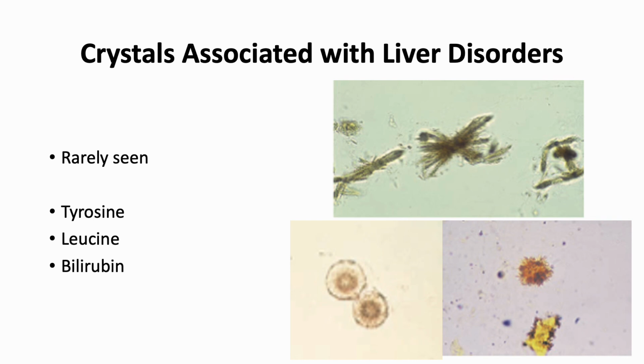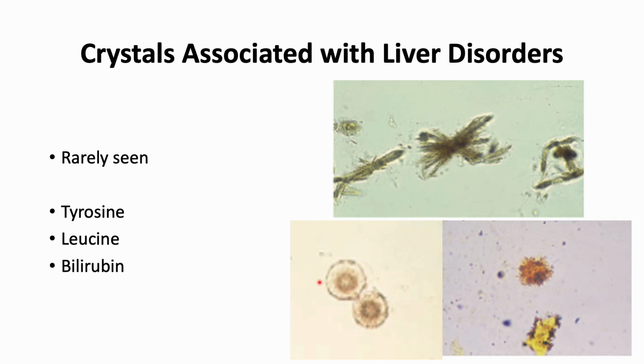Some urine crystals are associated with liver disorders. In the presence of severe liver disorders, three rarely seen crystals may be found in the urine sediment, and these should be seen in association with positive chemical tests that are often seen together with the others. Tyrosine crystals appear as fine, colorless to yellow needles that form clumps or rosettes and are seen in inherited disorders of amino acid metabolism.